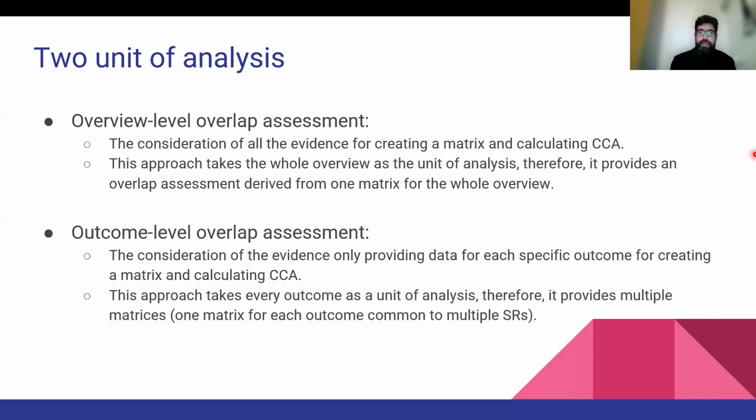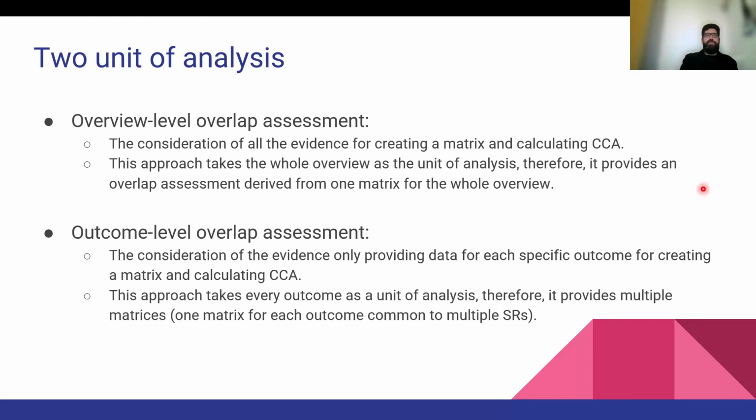But another option is taking an outcome level overlap assessment. In that case, we consider the evidence providing data for each specific outcome for creating a matrix and calculating the CCA. So in this approach, we take every outcome as a unit of analysis, and therefore we should provide multiple matrices, one matrix for each outcome of the overview.